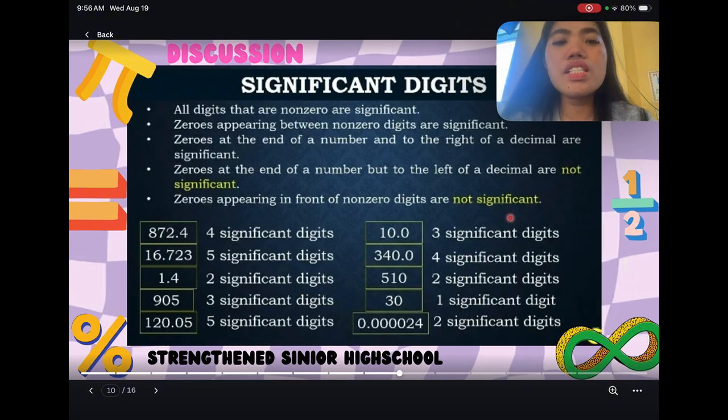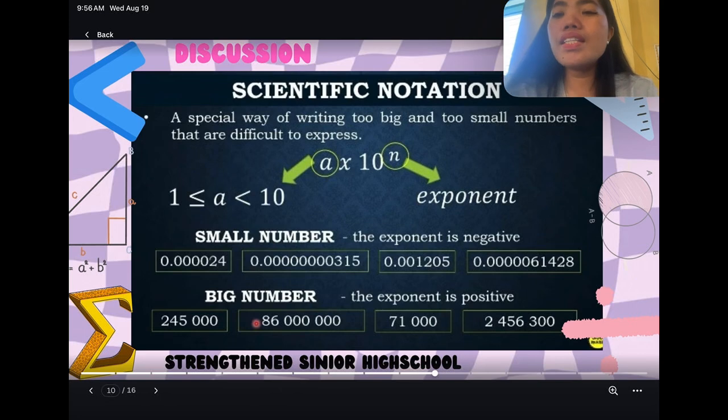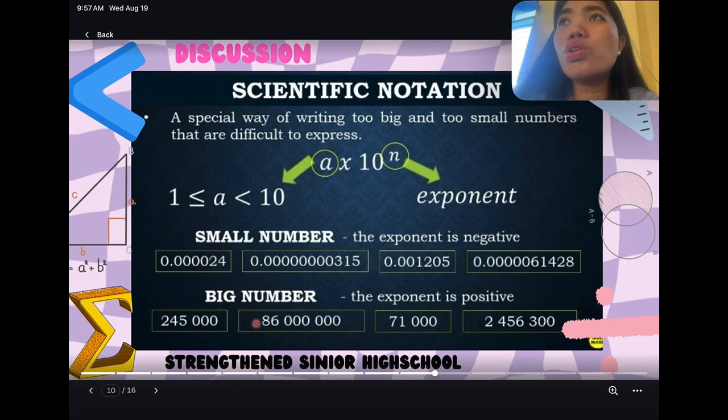So just bear in mind all those conditions as to when we would say it's significant or not significant. So let's discuss scientific notation. Scientific notation is a special way of writing too big and too small numbers that are difficult to express.